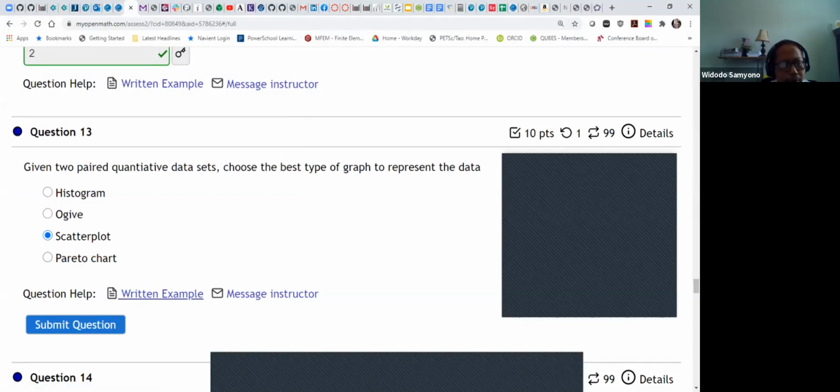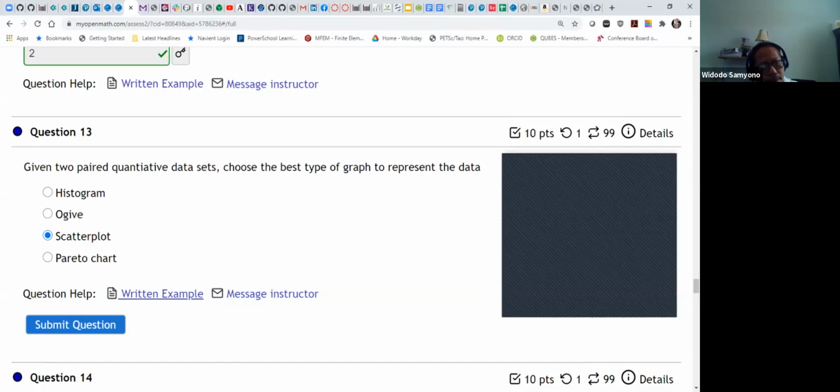The scatter plot shows the correlation between those two variables, right? For example, you have the year of the car and then the price.